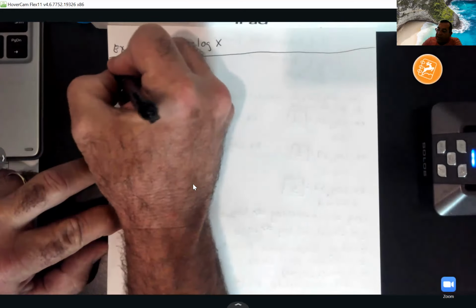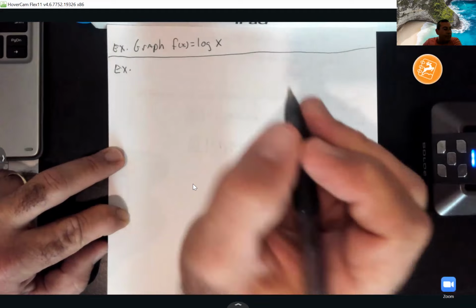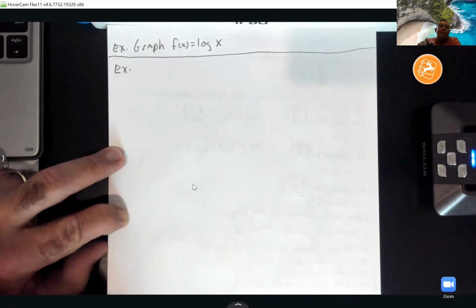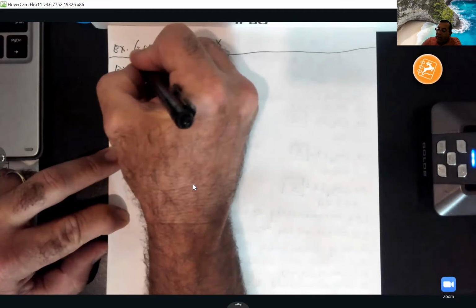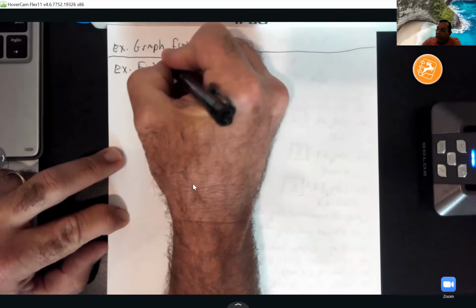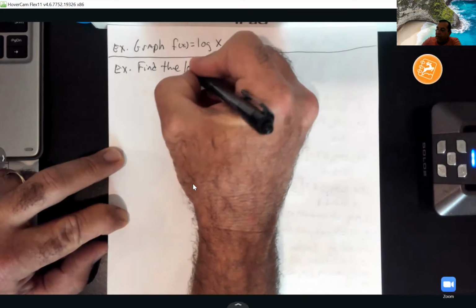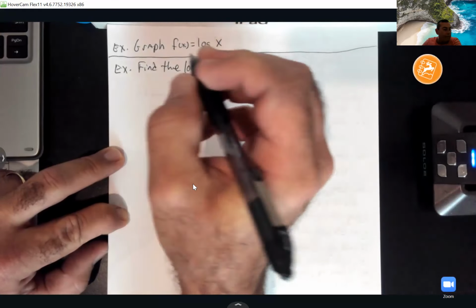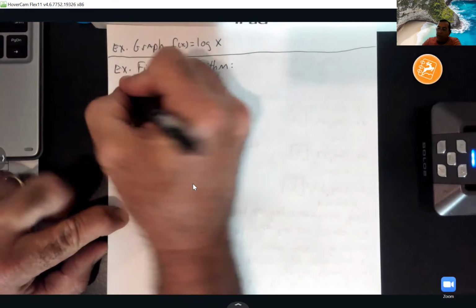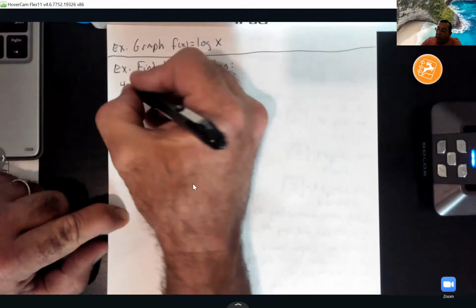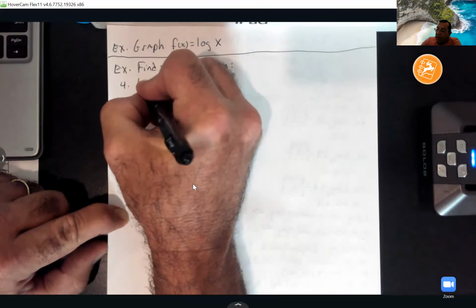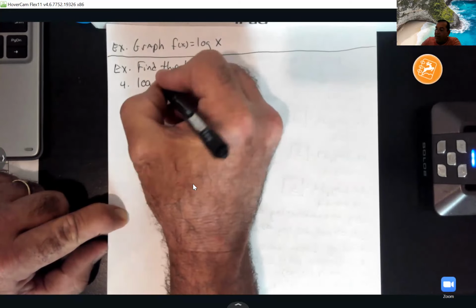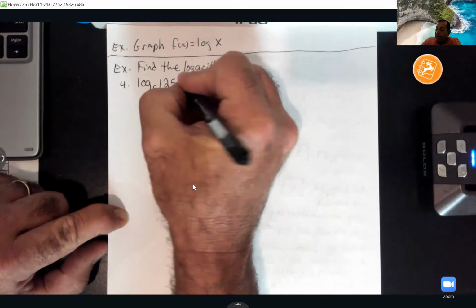For these examples, they want us to find the logarithm. These will start at 4. For number 4, I have log base 5 of 125.